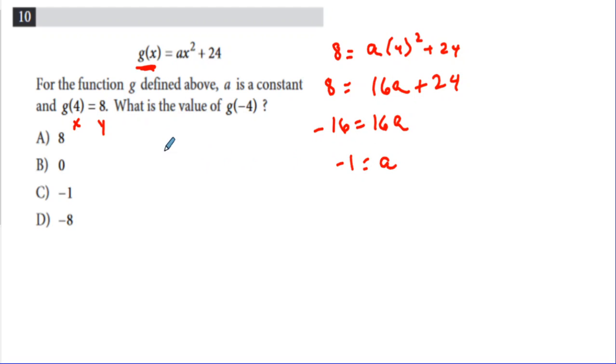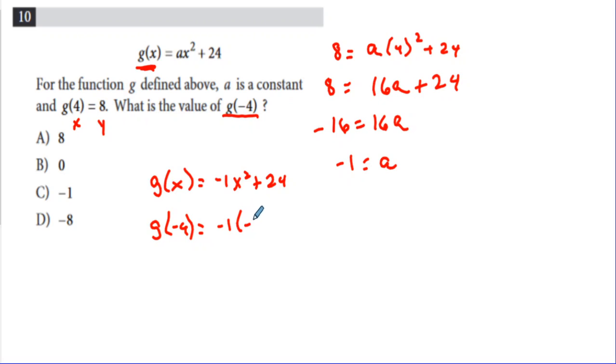So if I rewrite this now, if I know a is negative 1, I can say g of x is equal to negative 1x squared plus 24. And then that lets me plug in this expression to find out what g of negative 4 is, right? Because I eliminated this other variable by finding a, now I can just plug in. So g of negative 4 just means plug in an x of negative 4.